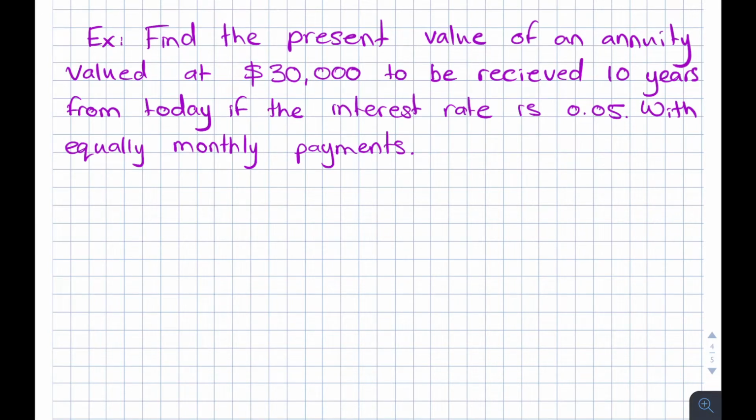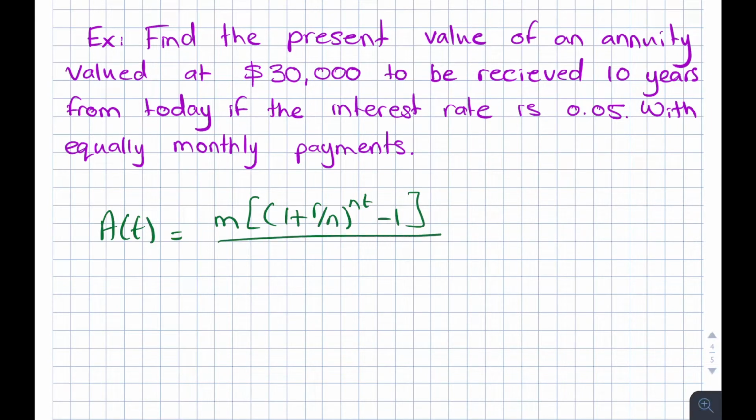Because if we look at the annuity equation, which is A of t is equal to M times (1 plus R over N) raised to the mt, minus 1, divided by R over N, and the annuity is given.